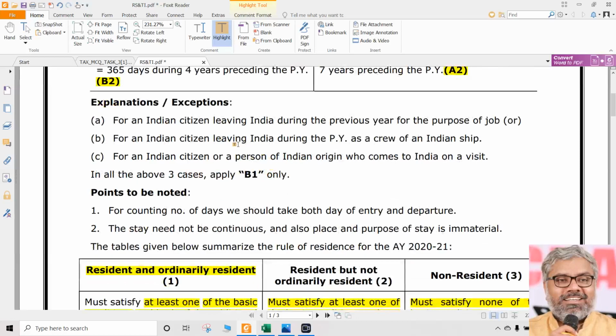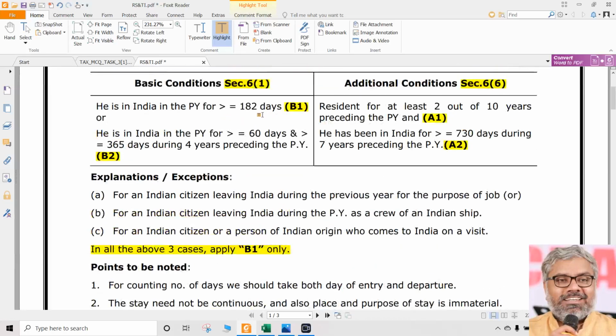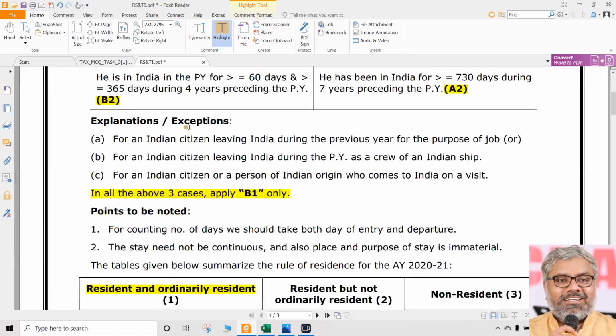Of course, there are some exceptions to this general calculation, wherein in 3 cases only basic condition number 1 has to be applied. That is, a person will be called a resident in India only if he stayed for 182 days or more during the previous year. What are those cases? An Indian citizen leaving India during the previous year for the purpose of employment. Once again, an Indian citizen leaving India during the previous year as a crew member of an Indian ship.